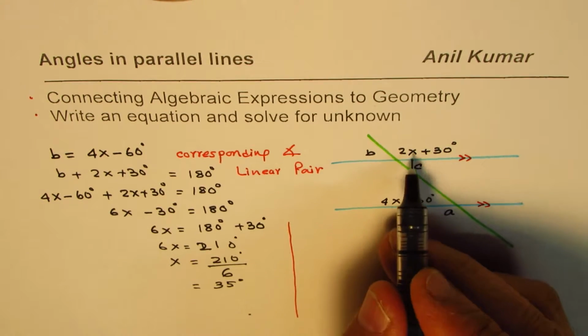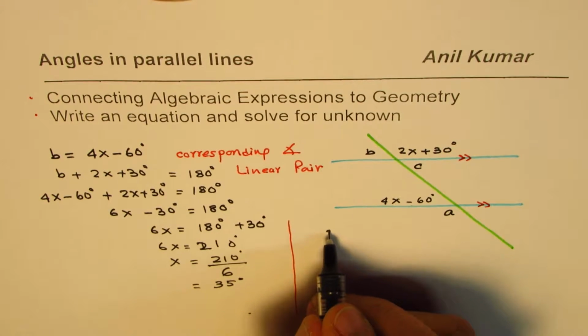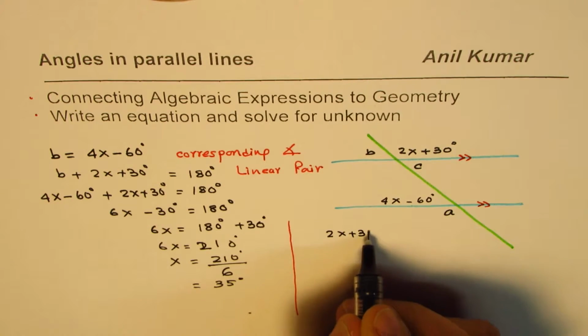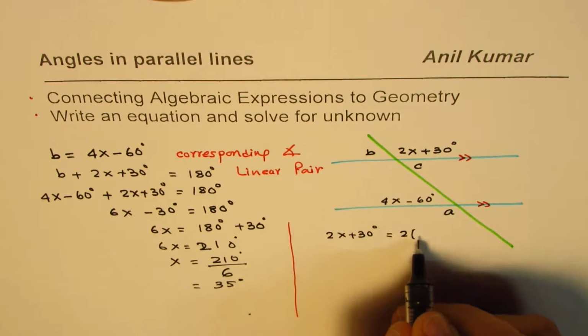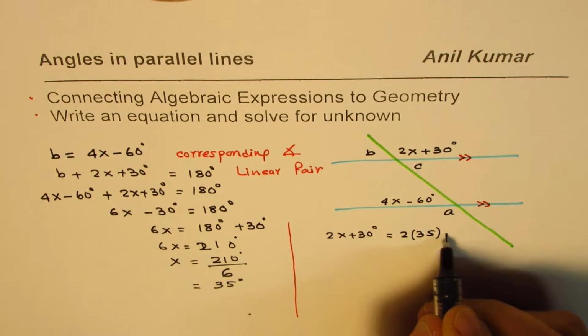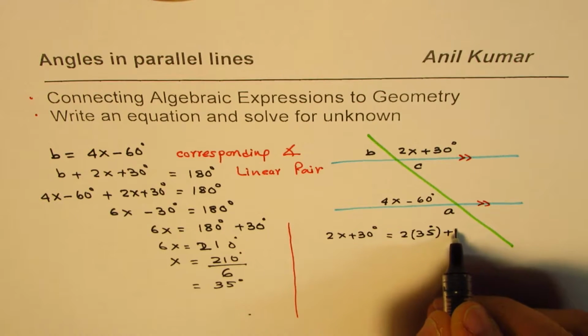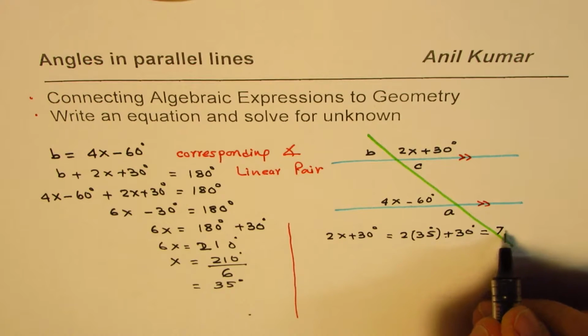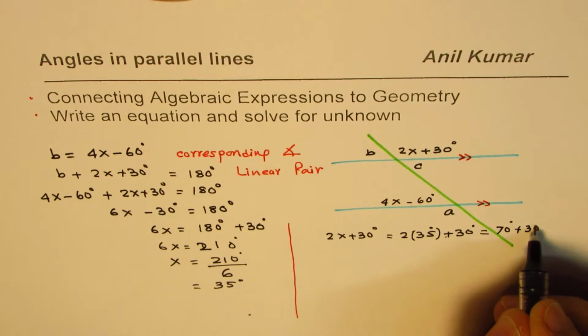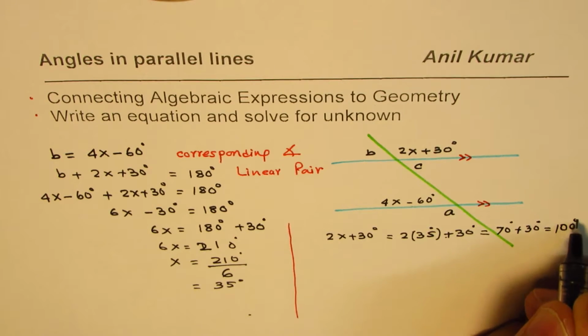So B, or we can say, what is 2x plus 30? So 2x plus 30 degrees, we will replace x with 35. We have 2 times 35 in degrees plus 30 degrees, that is 70 plus 30, which is 100 degrees.